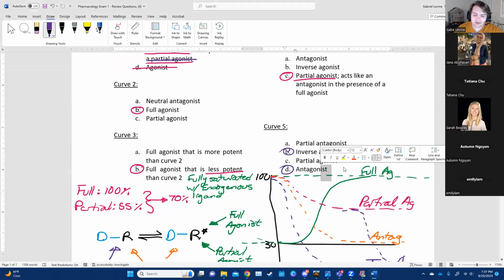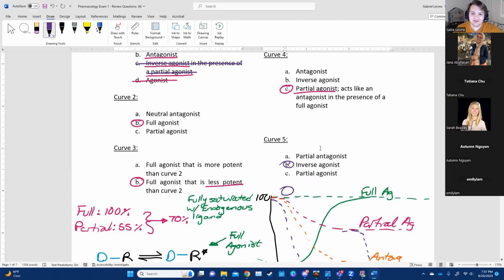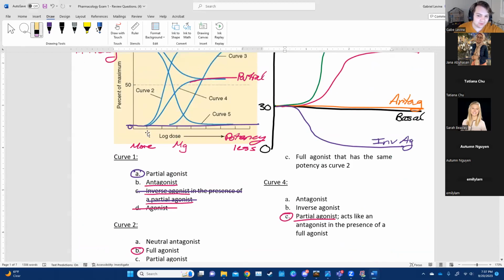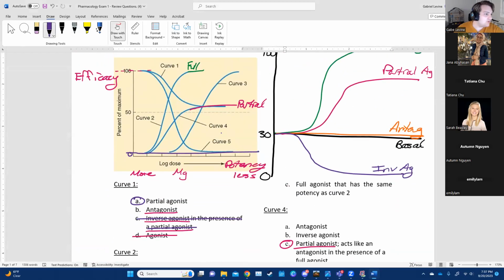Okay. I think adding this in did make it more confusing, not just harder. I added in the antagonist portion because I wanted to talk about it.